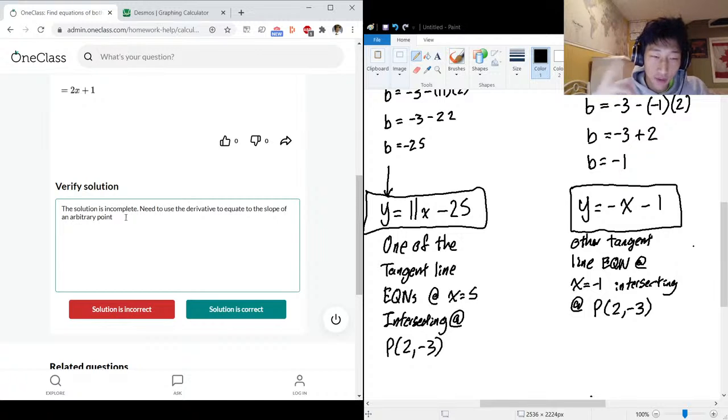For the slope of an arbitrary point and 2, -3.